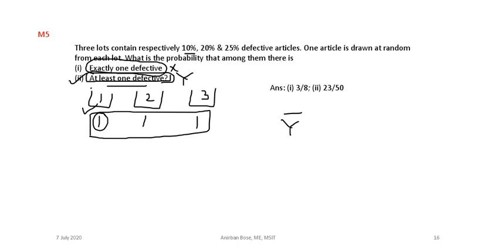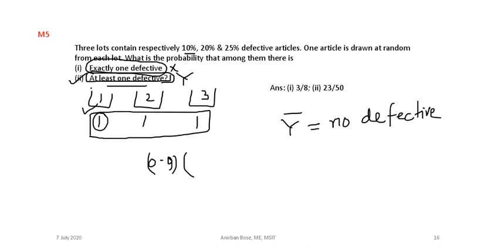The y bar is there will be no defective. Okay, so let us find out the probability that there will be no defective. No defective is only possible if the sample coming from lot 1 is not defective. That means that probability is 90%.